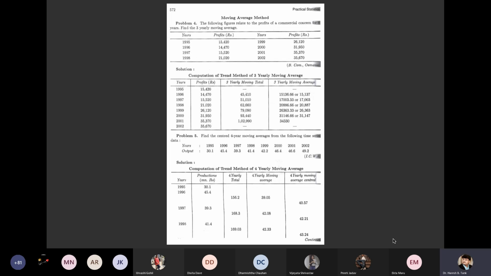Just get it and let me know what the points are. 39.05 is the first one. The second one is 42.08.